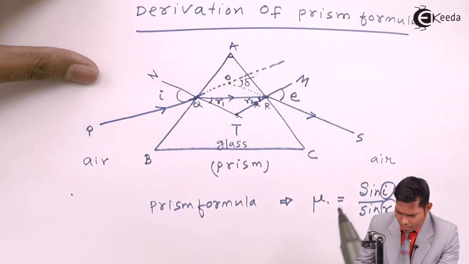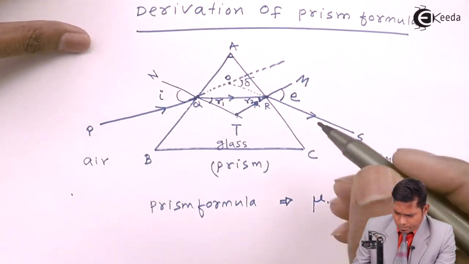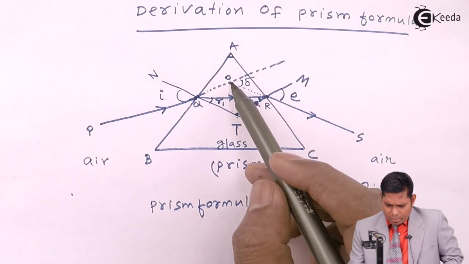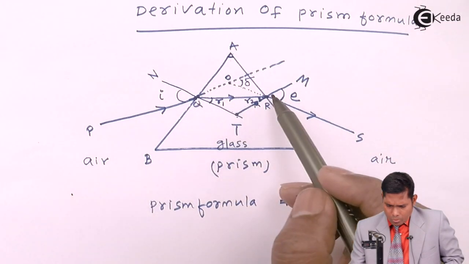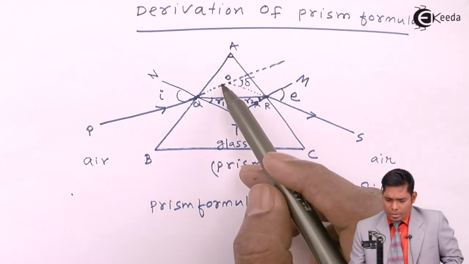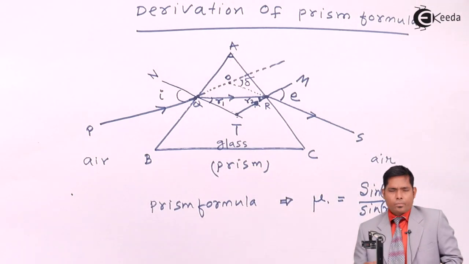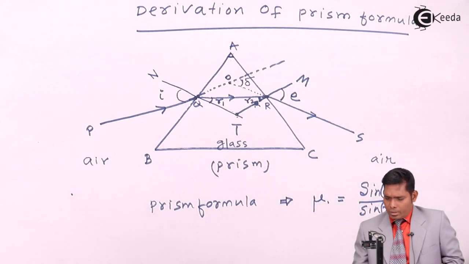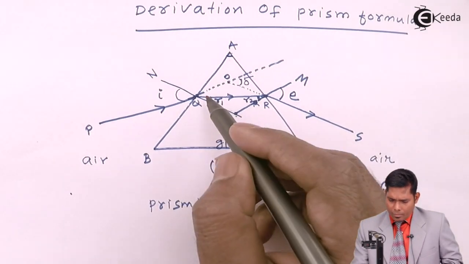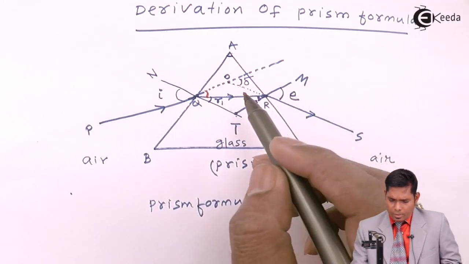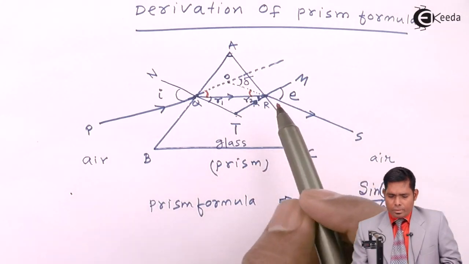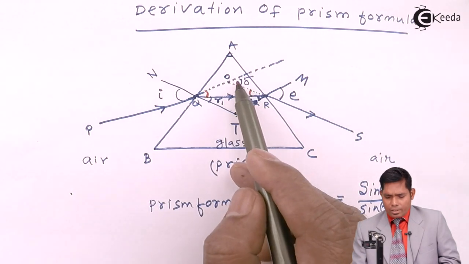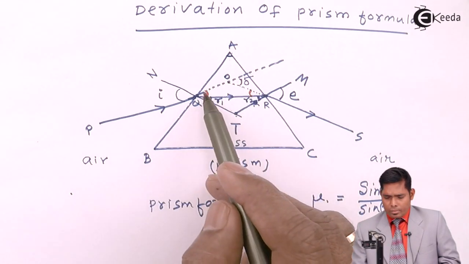Now we'll consider this triangle OQR. As you can see clearly, this angle and this angle are the two remote interior angles, and this is the exterior angle of this triangle.